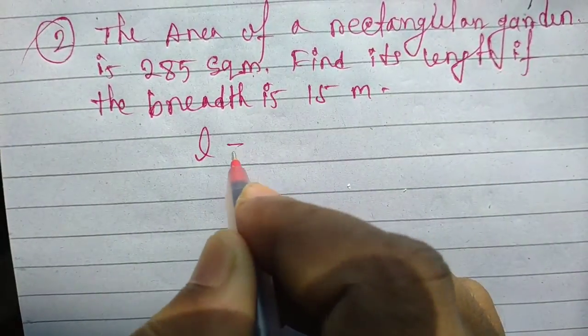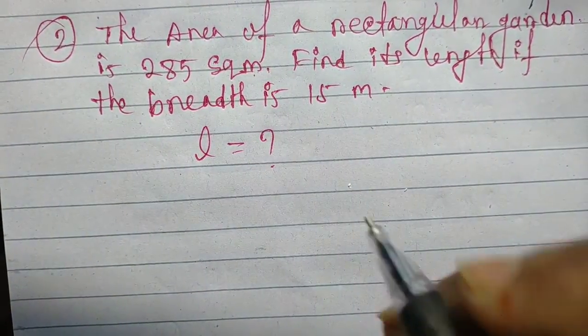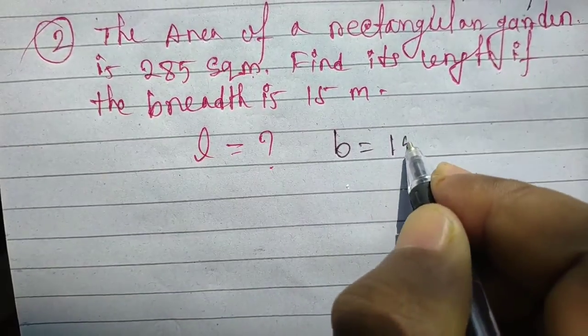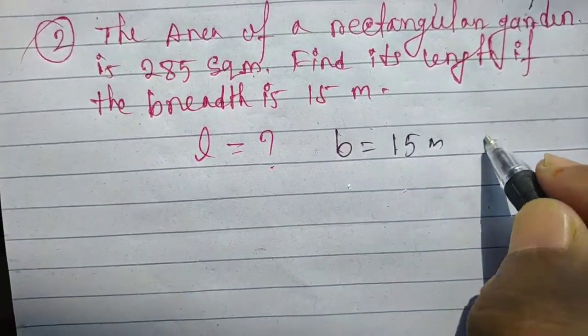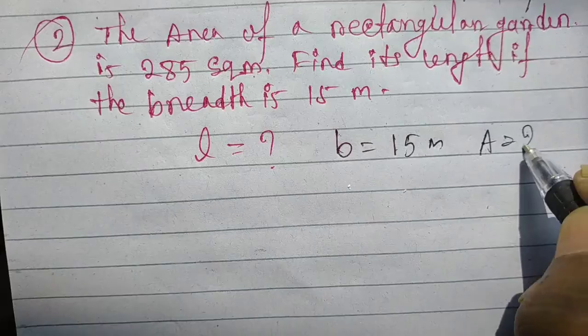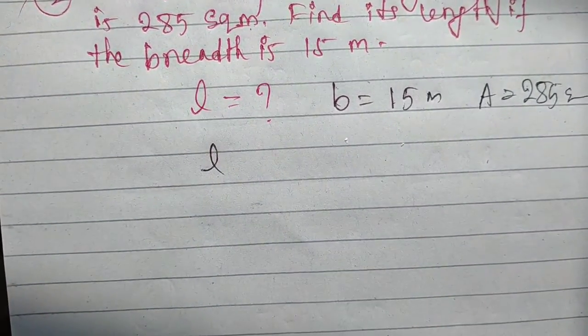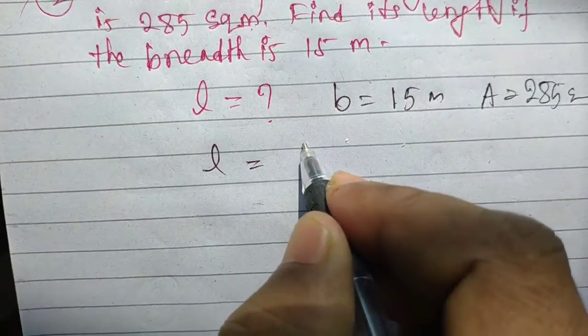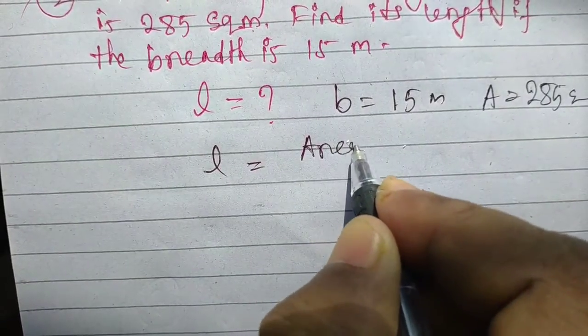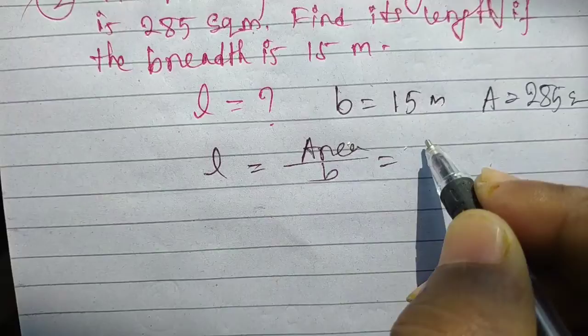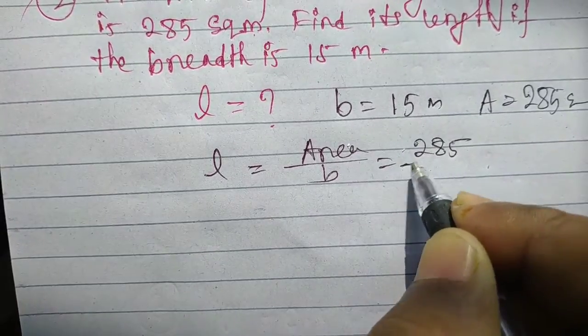So length we have to find. Breadth is given 15 meter and area also given 285 square meter. So simply to find length, just divide area by breadth. So here area is 285 and breadth is 15.